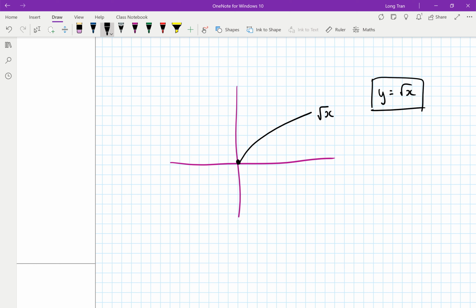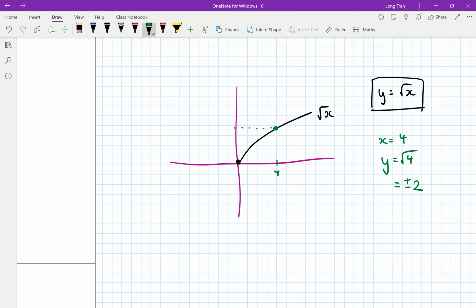The reason it shouldn't look like that is, if I put in x equals 4, you would tell me that you would do square root of 4. So when x is 4, what is the y value? Most of you will say it's 2, but we know that every time you square root, it's either positive or negative.